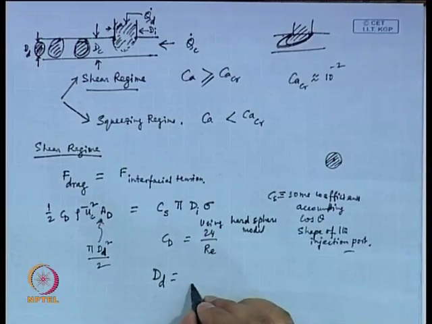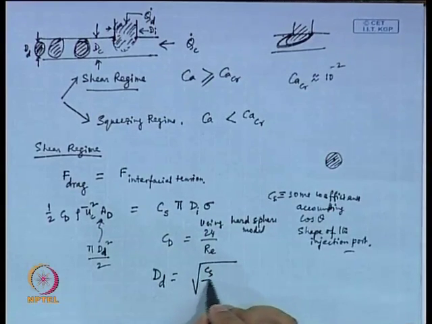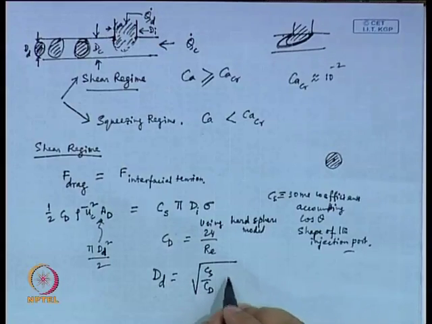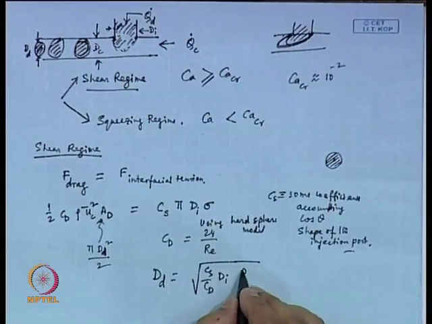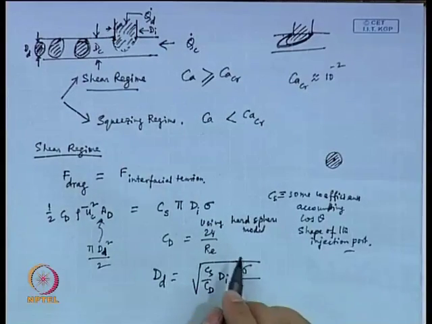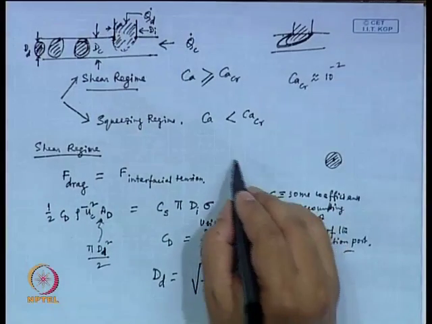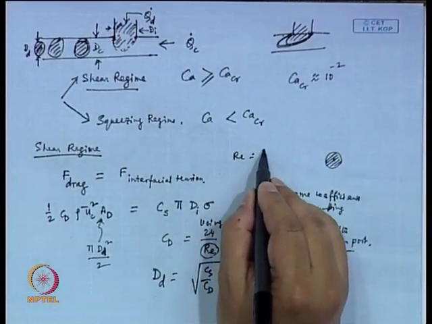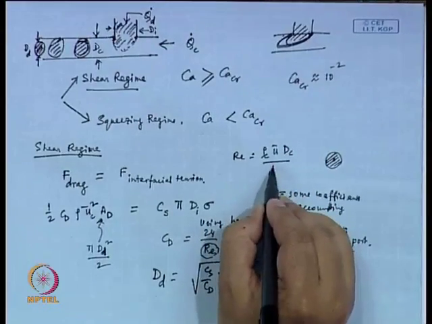It would definitely involve C s divided by C d. I see the value d I appearing here, then sigma is there, and R e is based on the carrier fluid. So, this R e is nothing but rho c u bar d c divided by mu c.